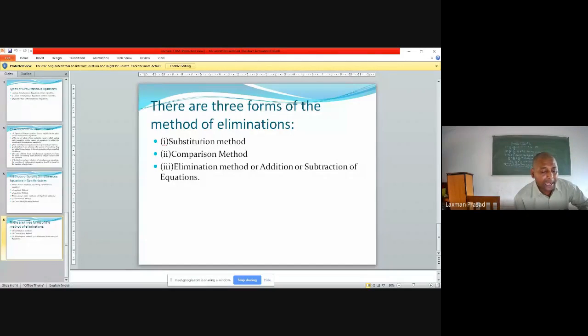Accordingly, by putting this value in any one of the original equation or suitable equation.